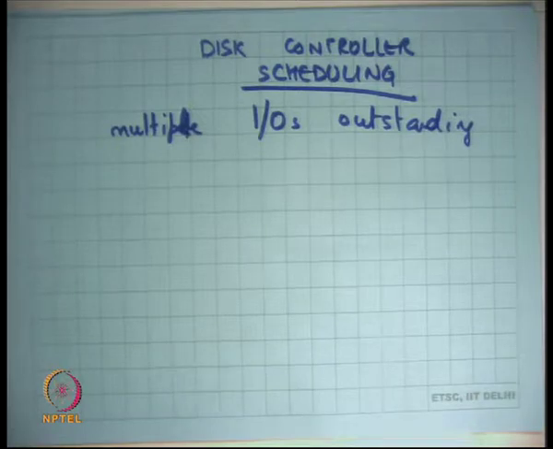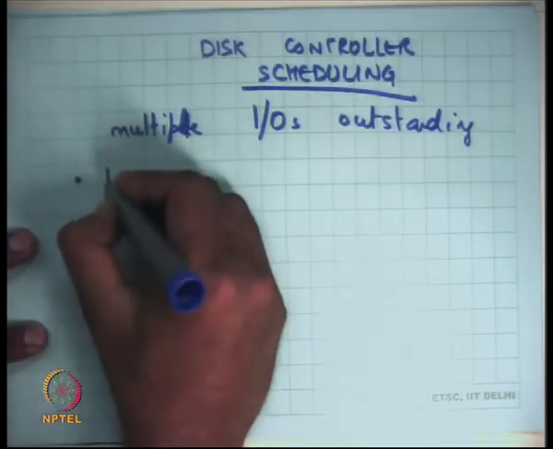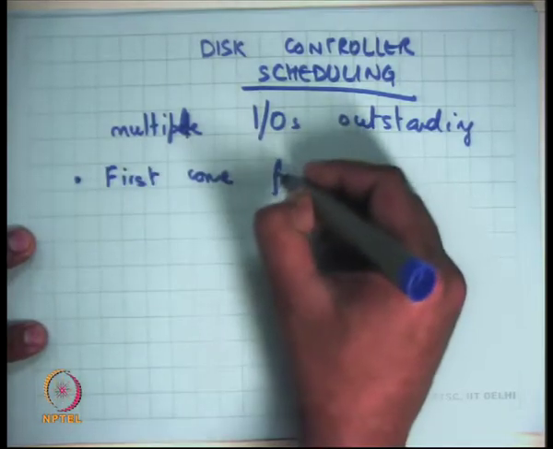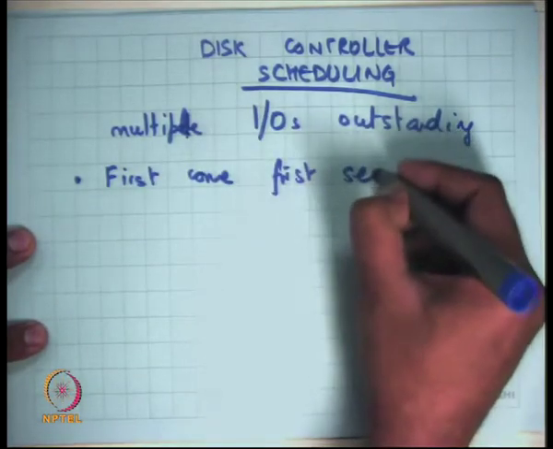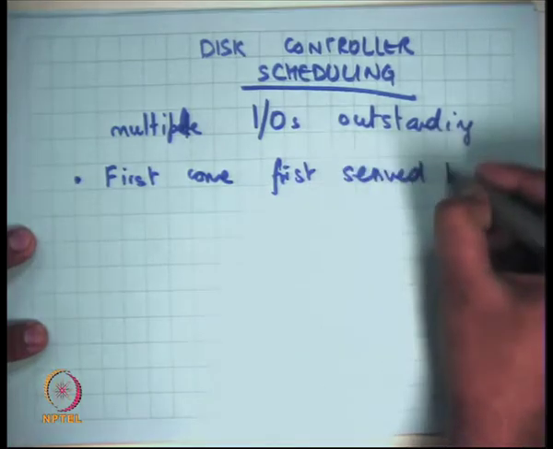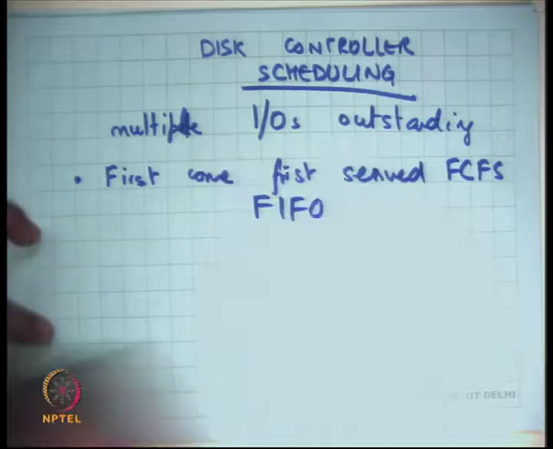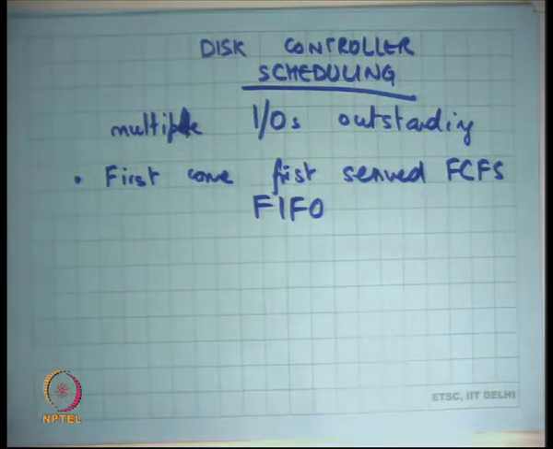So for example, one option is just first come first served, also called FCFS, or also called FIFO, first in first out, same thing. This is okay, this is fair, whoever comes first gets it, but it completely ignores proximity.